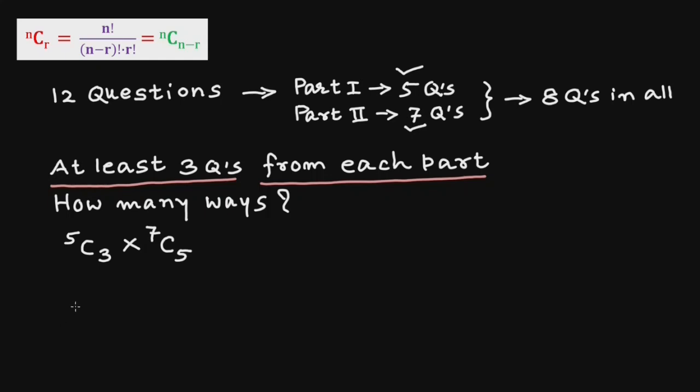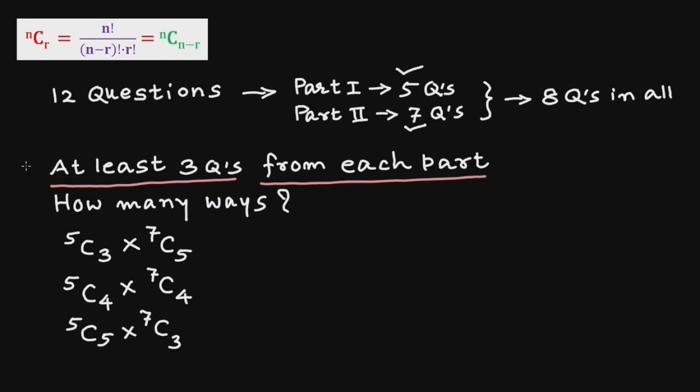The student can also select 4 questions from the first part containing 5 questions and the remaining 8 minus 4, that is 4 questions from the second part containing 7 questions. He also can select 5 questions from the first part containing 5 questions and 8 minus 5, that is 3 questions from the 7 questions of the second part.